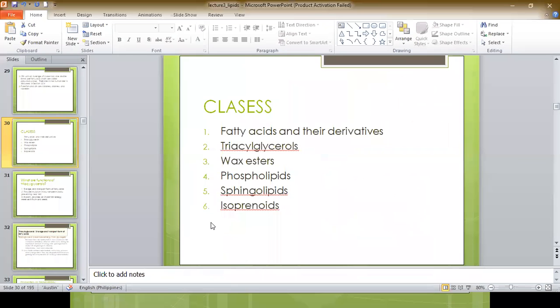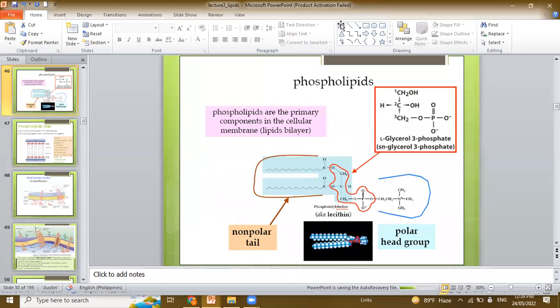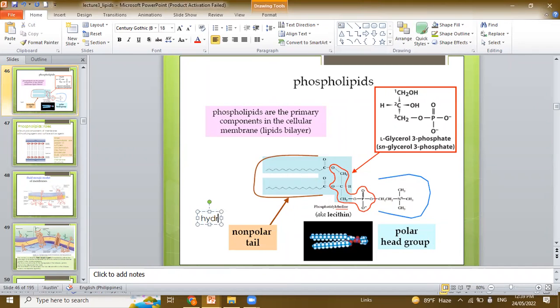So non-polar, it's also called the hydrophobic part or domain, and you also call it lipophilic.